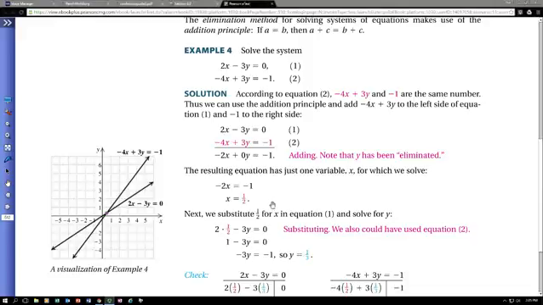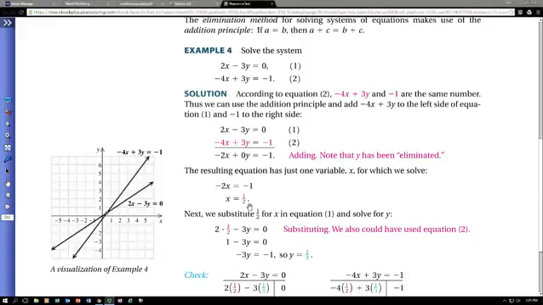So with that said, I would hope that you take negative 1/2 times both sides, which is the reciprocal of negative 2, and I end up with a positive 1/2 for x.